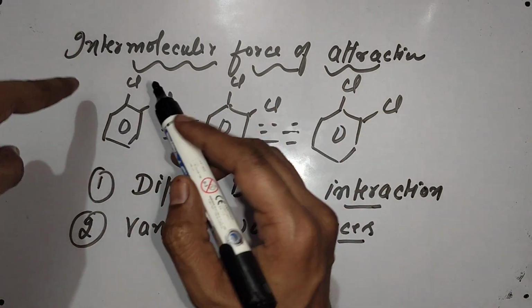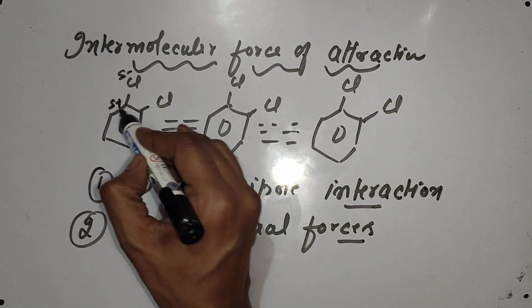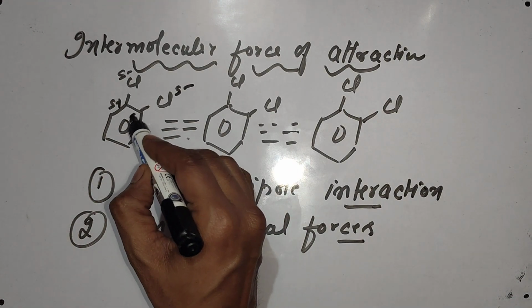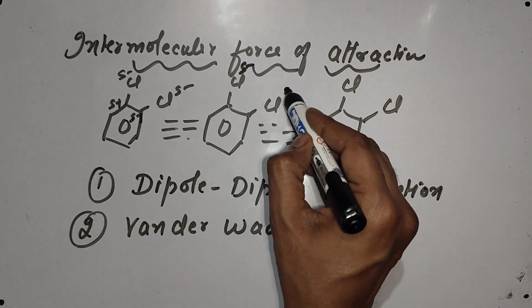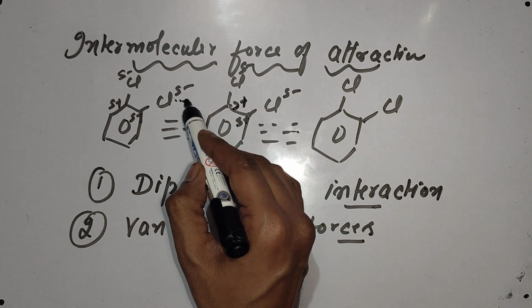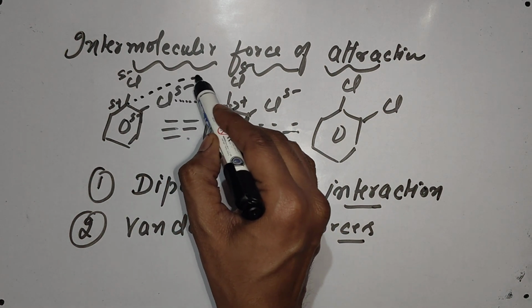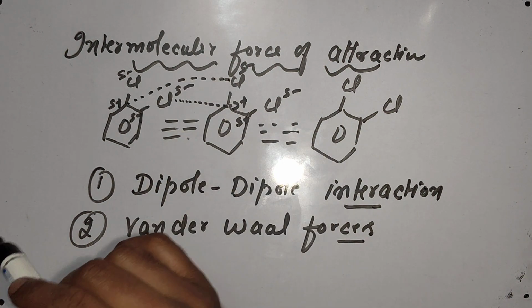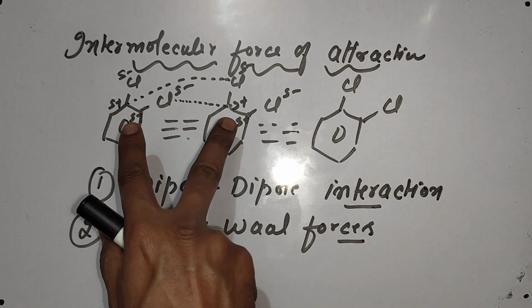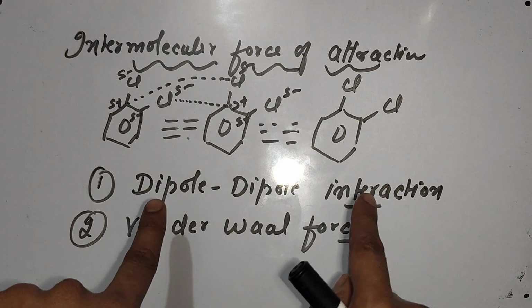How are dipole-dipole interactions generated? We know chlorine is negative due to more electronegativity, carbon is positive, same here, chlorine negative, carbon positive, chlorine negative, negative, positive, positive. So negative has attraction with positive and positive has attraction with negative. In this fashion, dipole-dipole interactions get generated between these two particles. And how much dipole-dipole interaction will be there?